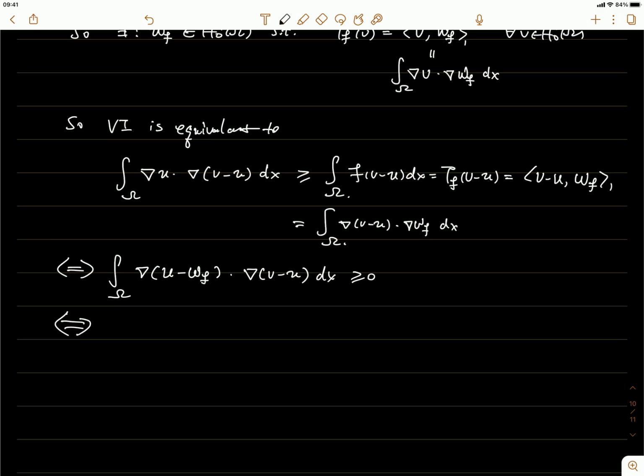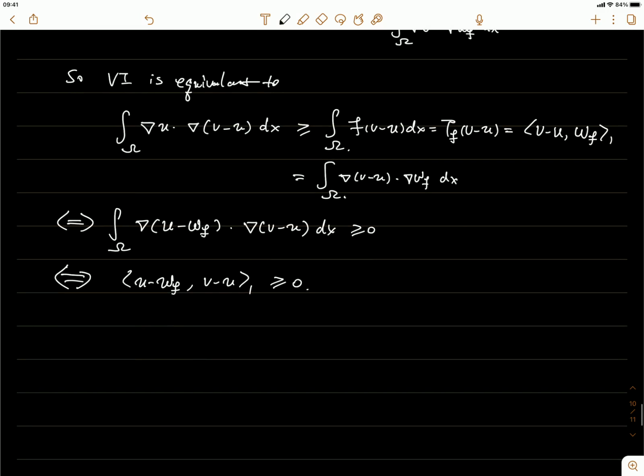And now you can see this essentially is the inner product of u minus wf and v minus u in H01 greater than or equal to 0. Okay, do you see something familiar?